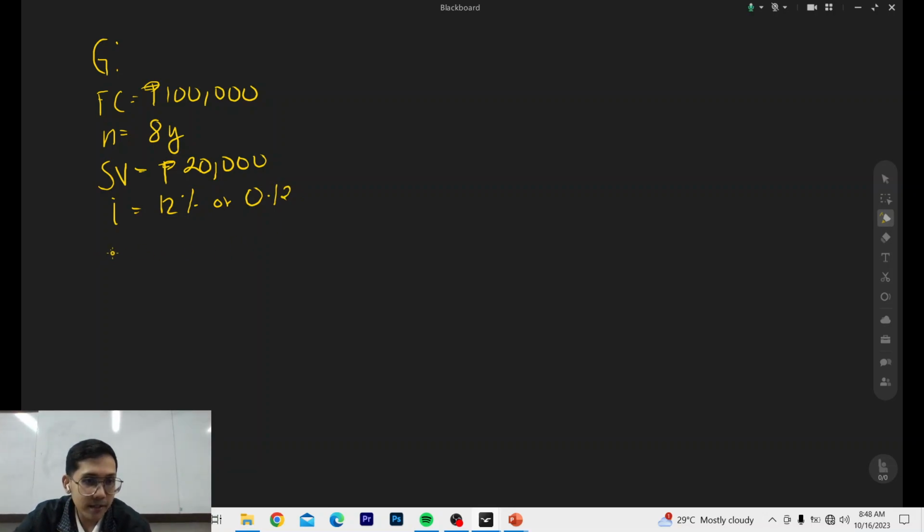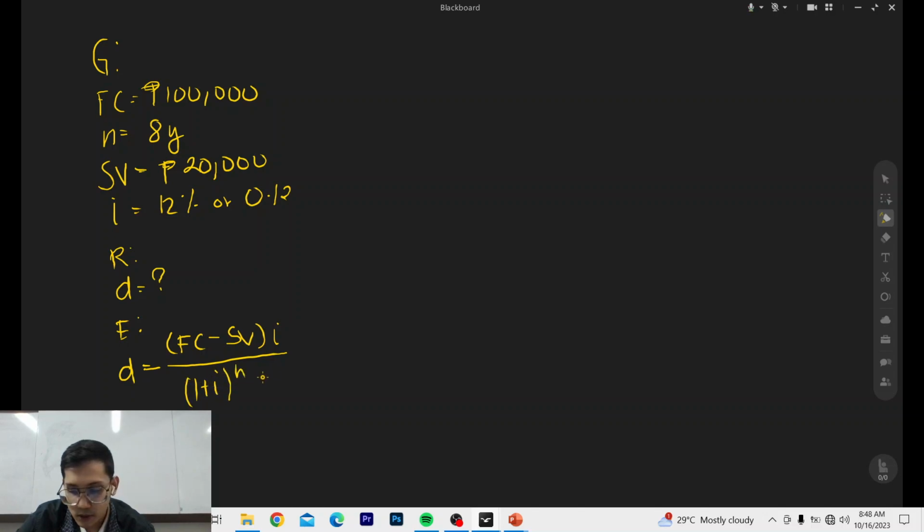So our required is our depreciation. So equation natin, D is equal to quantity first cost minus salvage value multiplied by our interest all over 1 plus I raised to n minus 1 natin.